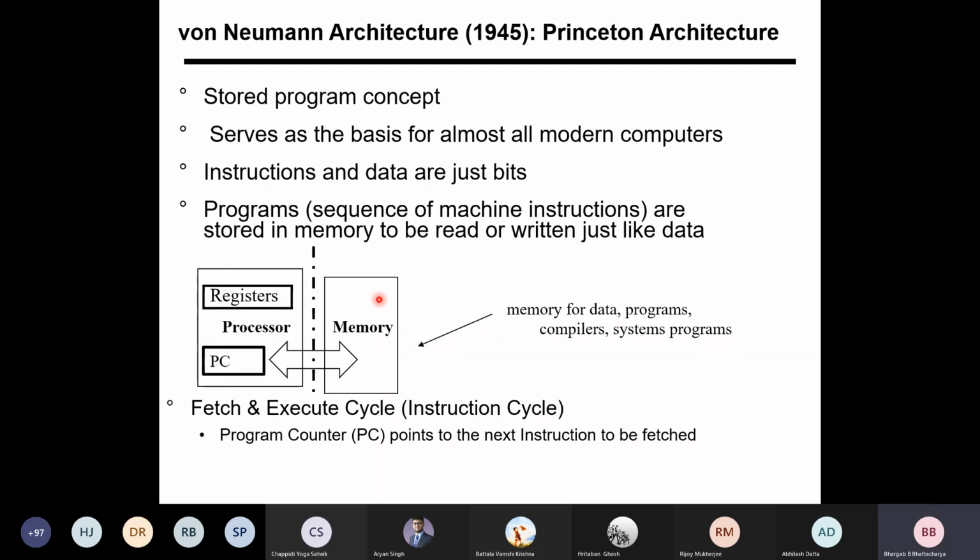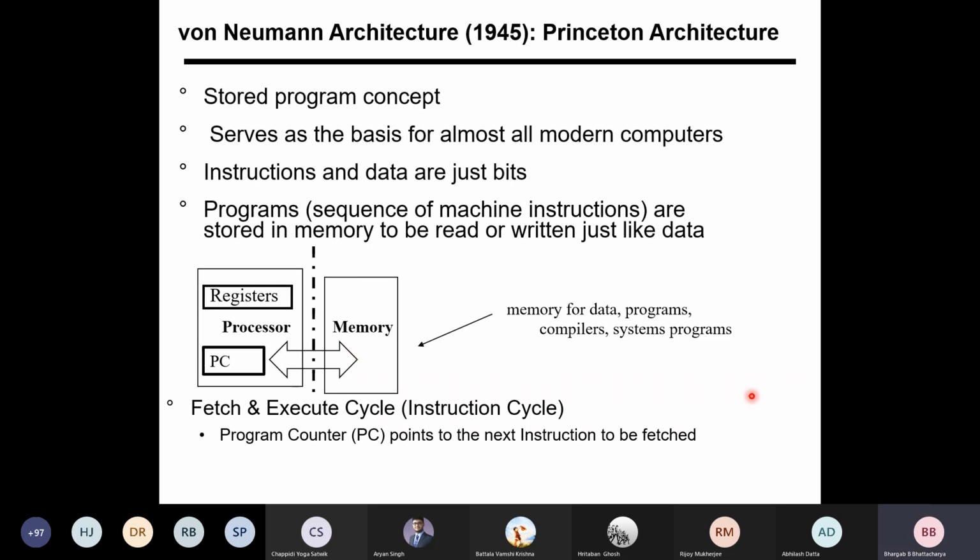The first binary string you have to fetch from memory must be an instruction, because this processor has to be told what actions are to be done. So PC, the program counter, is essentially a register. This register holds the address of the memory location where the next instruction is stored. So initially it stores the first instruction of your program segment.